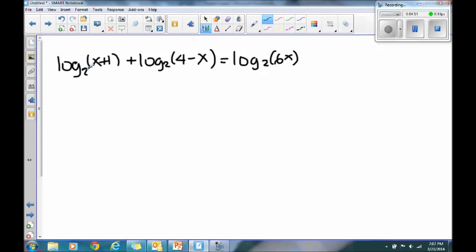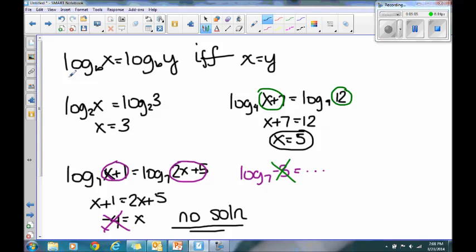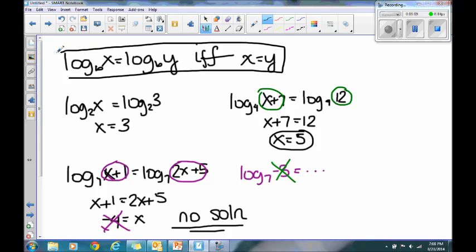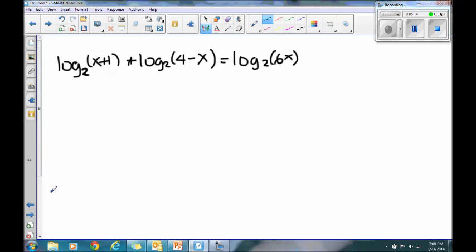Now the one-to-oneness of our log functions doesn't say anything about what we can do when we have sums or differences. So what we have to do in order to make it look like this, so we can draw the conclusion on the right, is use our properties of logs. I know plus goes back together as a product.